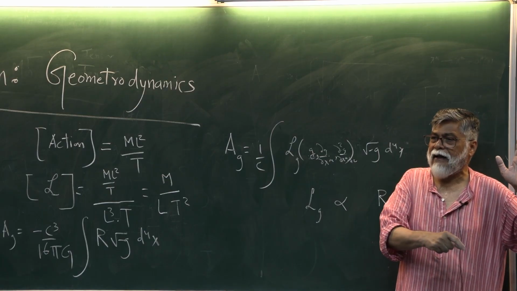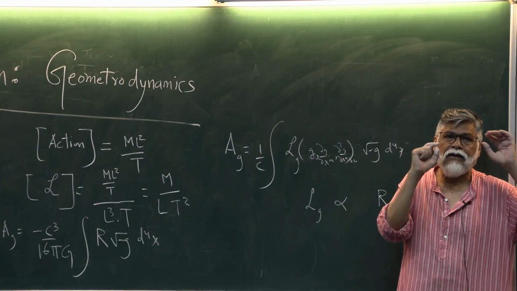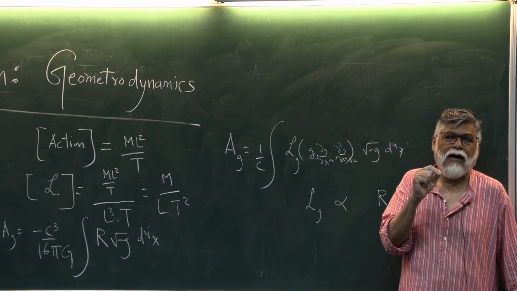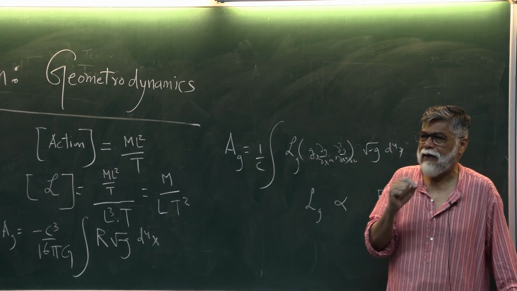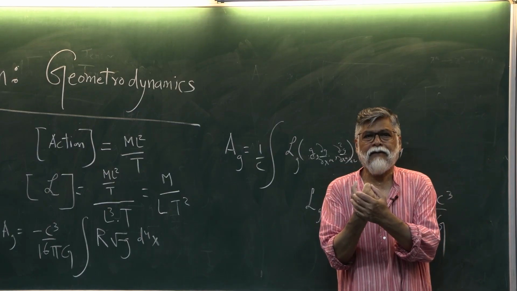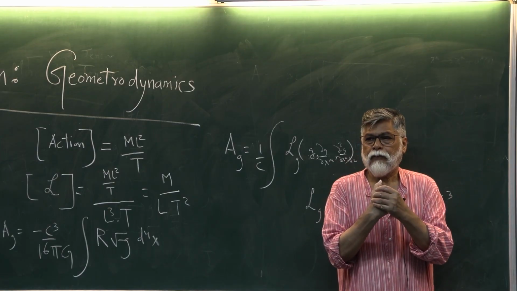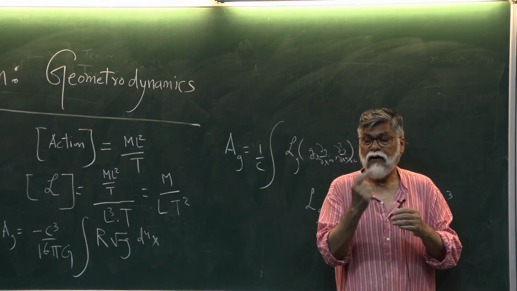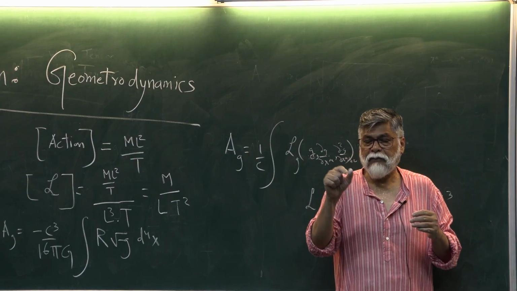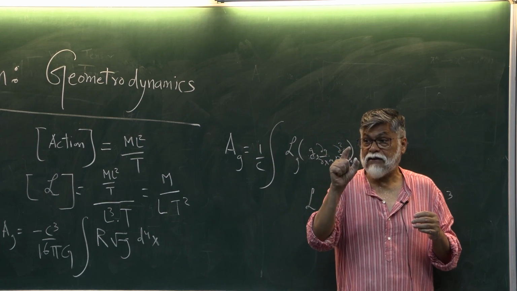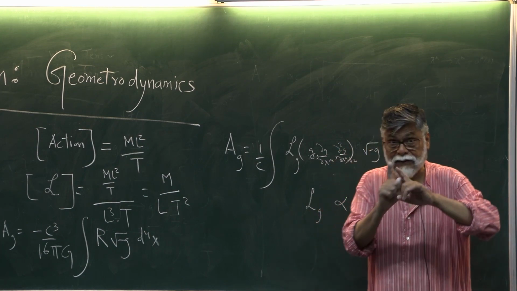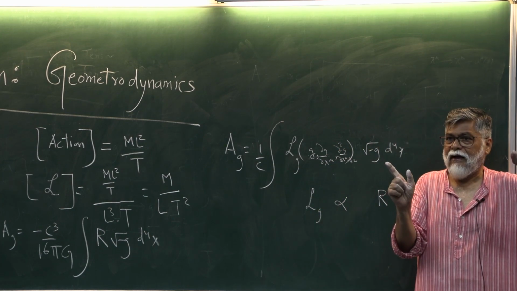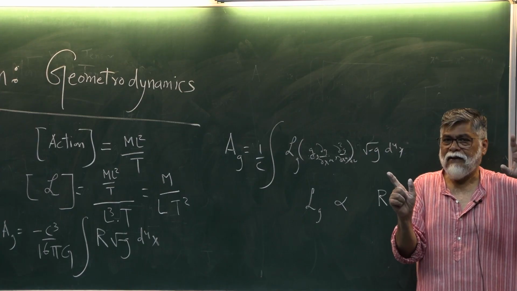Einstein explained that, and he predicted bending of light, which, within a few years of the proposal of general relativity, the team led by Eddington confirmed. Newtonian bending of light would be 2GM by c square b, while general relativity predicts 4GM by c square b. So there is a difference, and it was ascertained.